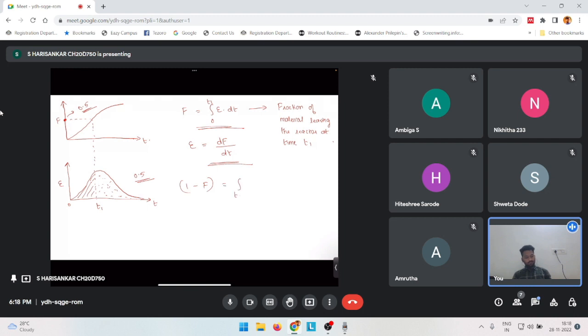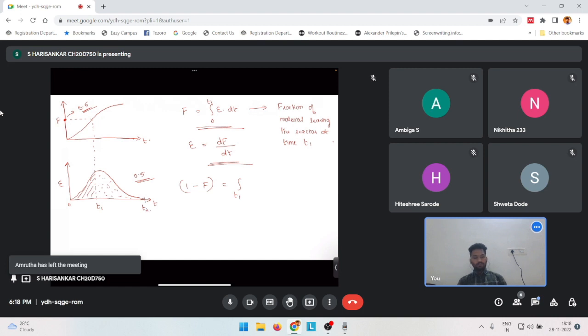Integral t1 to t2, let's say the residence time ends at t2, of E dt. So this will be the fraction remaining inside the reactor. So this is a relationship that you can derive between the E curve and the F curve.